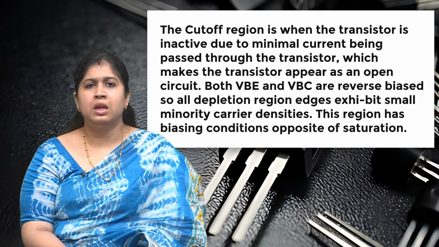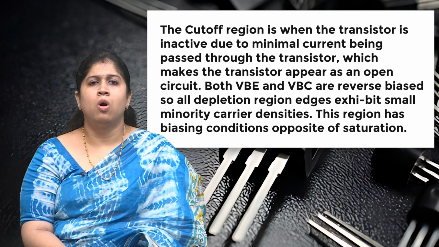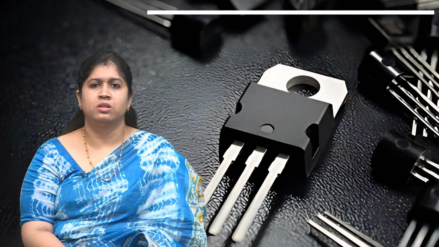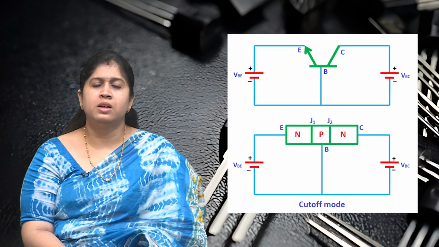Both VBE and VBC are reverse biased, so all depletion region edges exhibit small minority carrier densities. This region has a biasing condition opposite of saturation. This figure shows the cutoff region of an NPN transistor.